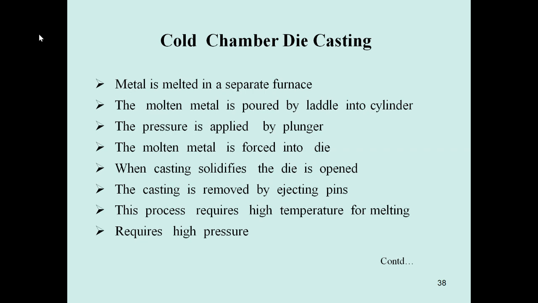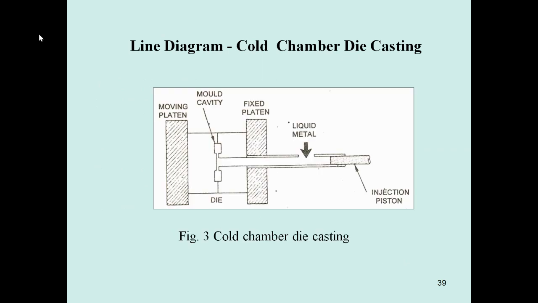Now we can see here the diagram of a cold chamber die casting. We can see the parts here: injection piston, liquid metal, that is the molten metal, pushed by the injection piston.